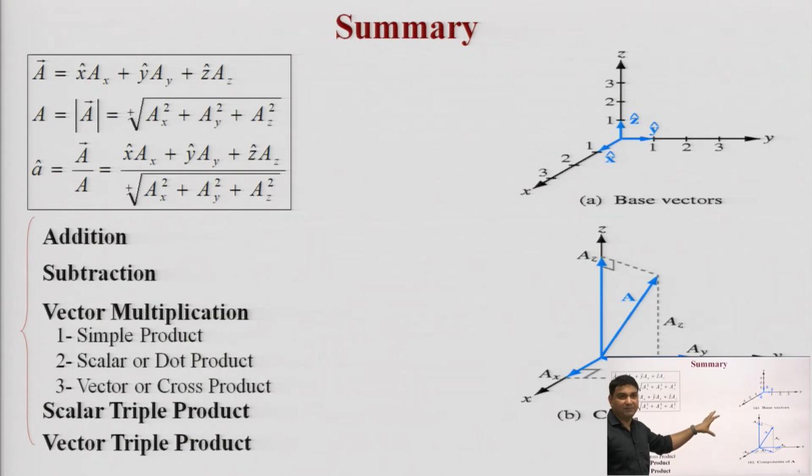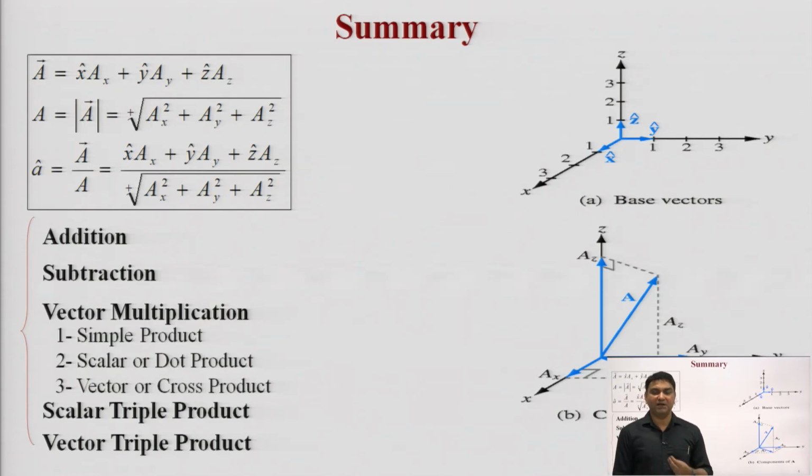This summary says the mathematical notation of a vector A is A = x a_x + y a_y + z a_z. It is defined in the Cartesian form in the x, y and z axes.